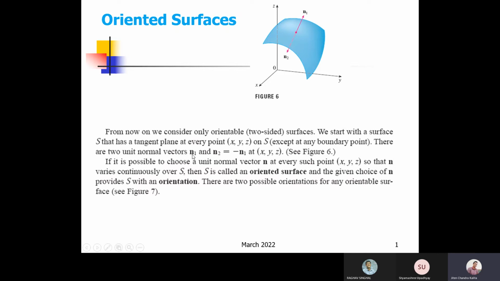If I denote it by n1, then the inward normal n2 is nothing but minus n1. If it is possible to choose a unit normal vector n at every point x, y, z so that n varies continuously over S, then S is called an oriented surface, and giving the choice of n provides S with an orientation. So basically, if you can think about all the normals lying on that particular surface, you have an idea about the orientation of that surface.